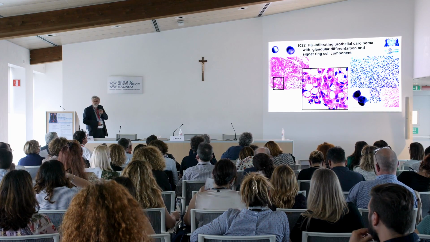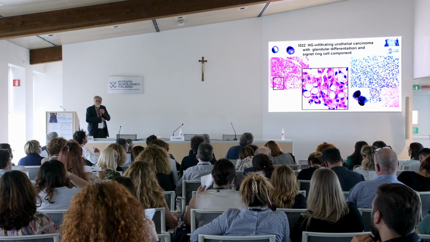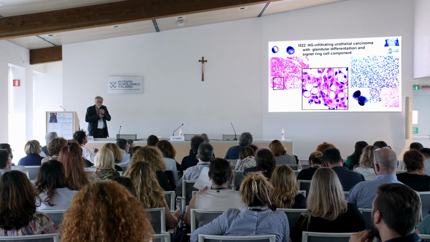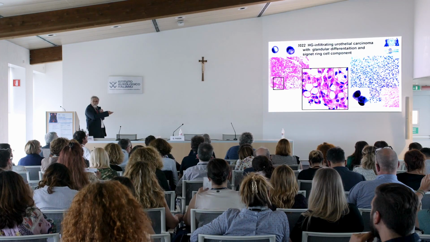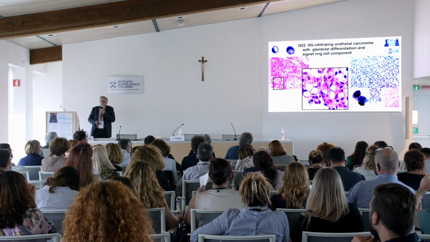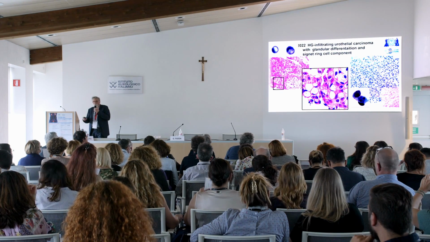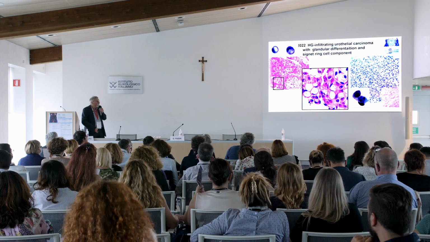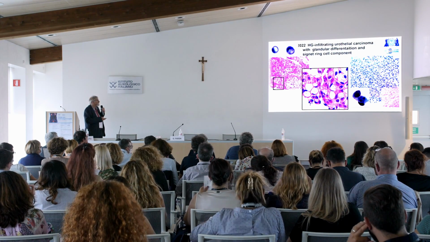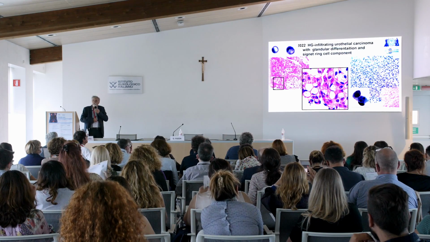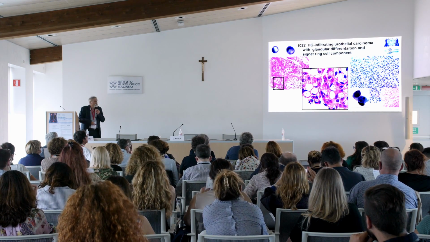It may arise in conditions of glandular differentiation, which is not rare. 6 to 10% of high-grade infiltrating carcinomas may have a glandular component, but real signet ring cell is very uncommon.